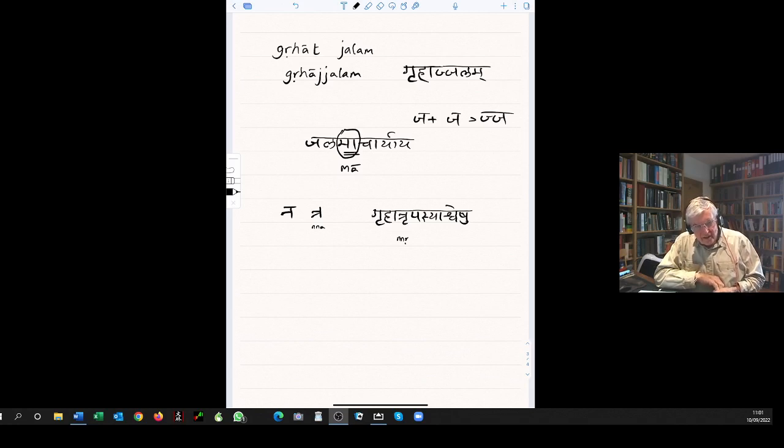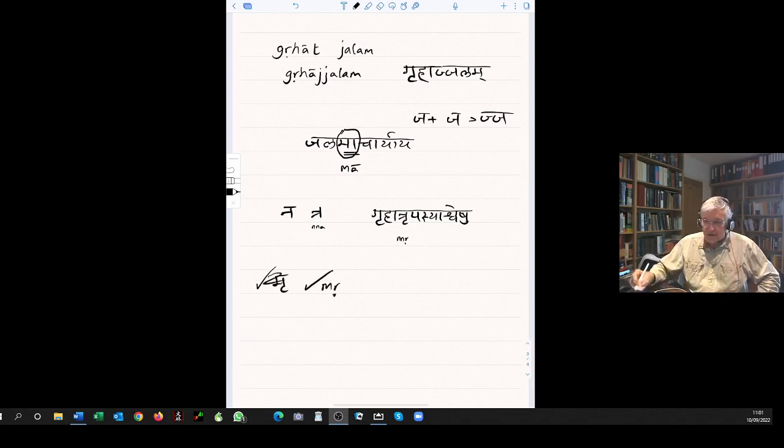Nachintayami, nachintaye. Yeah. So amritam is immortality. Just look at this word for a moment. It's the root mri, meaning to die.